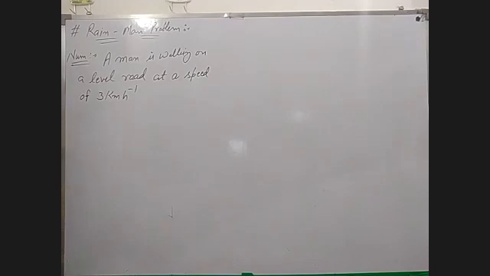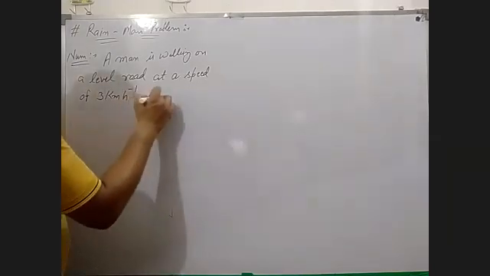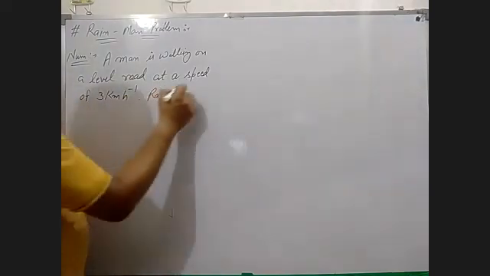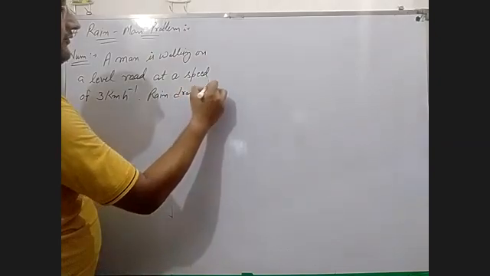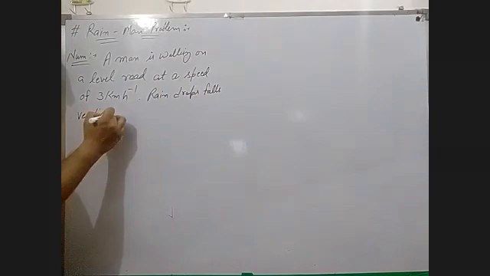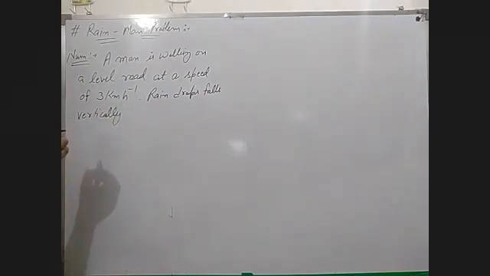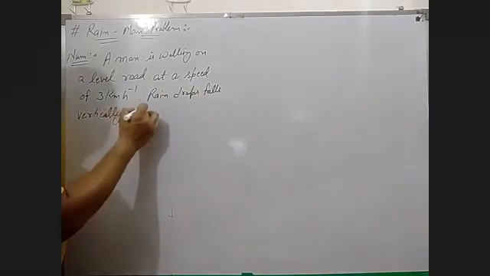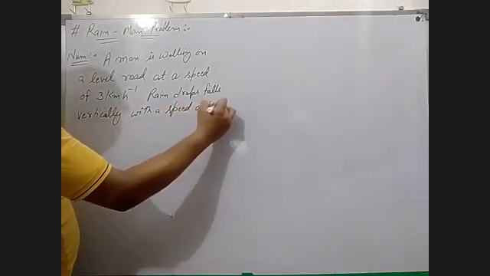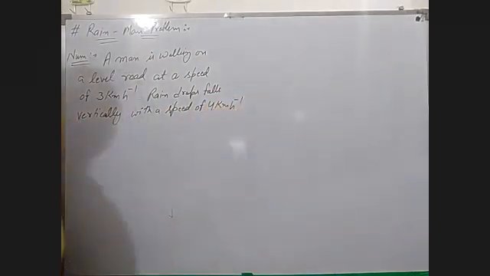Raindrops fall vertically with a speed of 4 kilometers per hour. Rain is falling with 4 km per hour vertically downward.